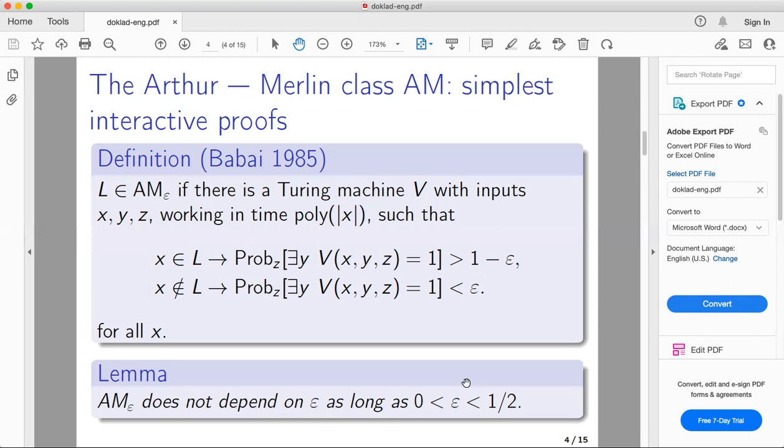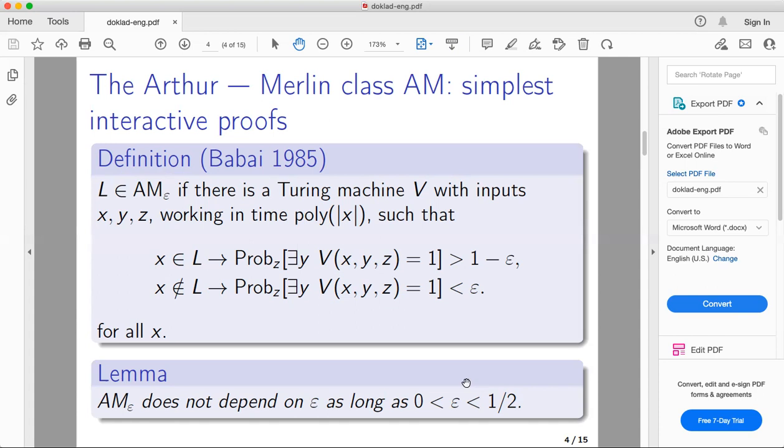So if we just take the very same probabilistic proof checker V and switch from the Merlin-Arthur protocol to the Arthur-Merlin protocol, then the task of Merlin becomes simpler. If X is in L, then Merlin can choose the very same Y and use it for all Z, not adapting to Z.